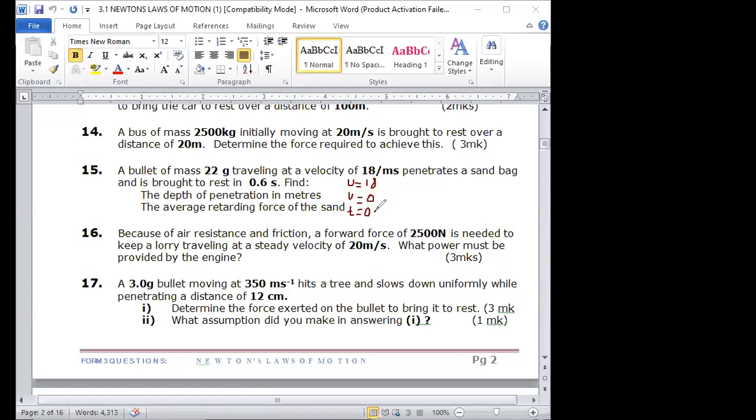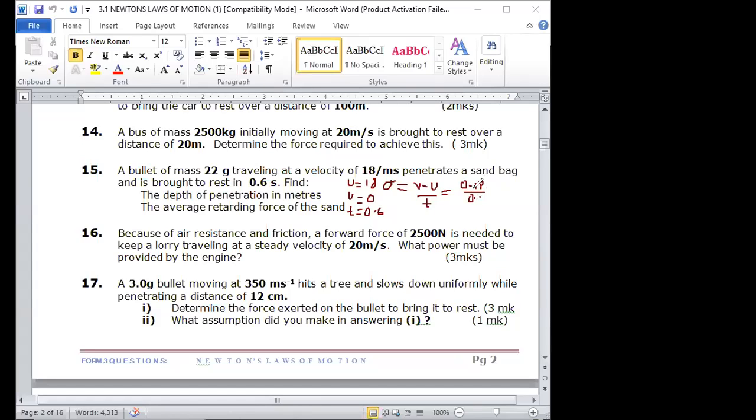Having gotten this, you cannot work it out if you don't have the acceleration. Remember that of the three linear motion formulas, acceleration is there, so you have to get acceleration. So a is v minus u over t. In this case, it becomes 0 minus 18, minus 18 over time of 0.6.